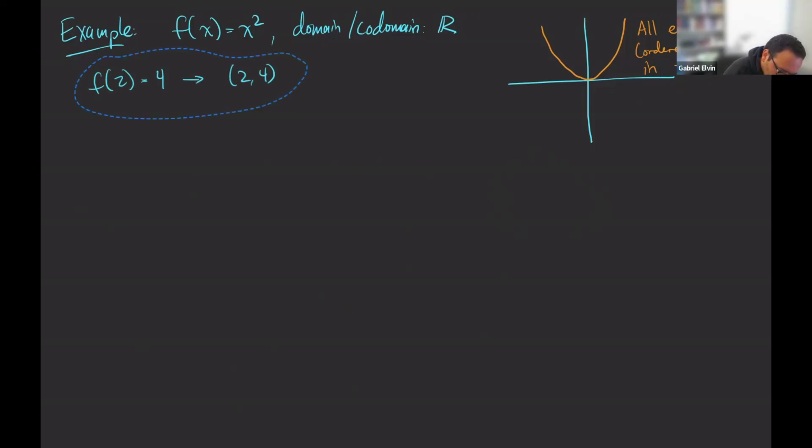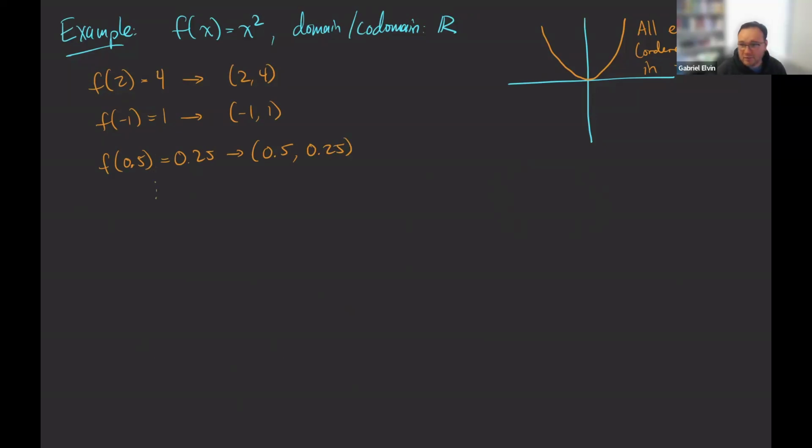Not that it's a big deal, but just imagine. f of -1 equals 1, so that corresponds to the ordered pair -1, 1. f of 0.5 is 0.25, so that's this ordered pair.